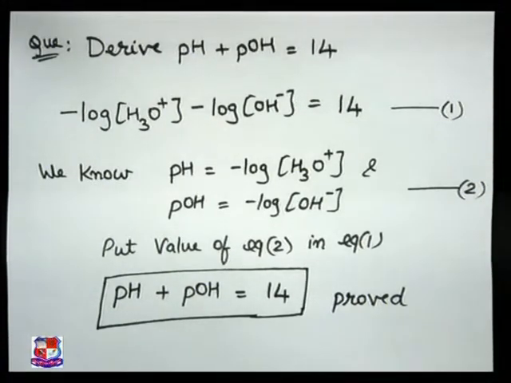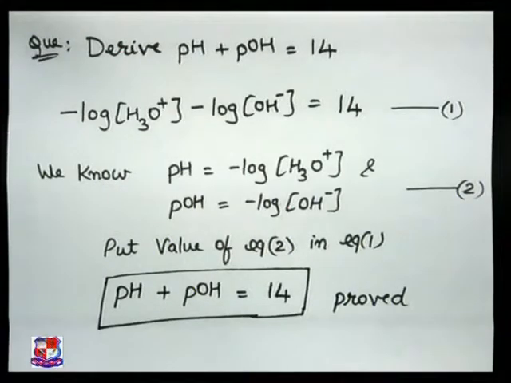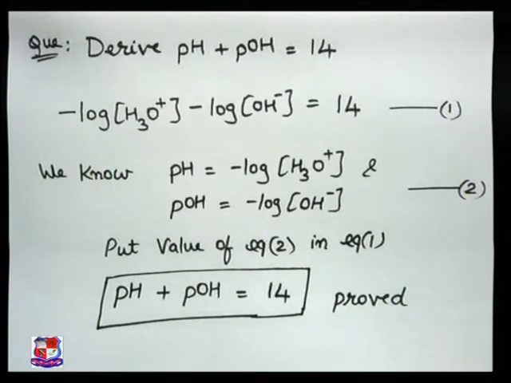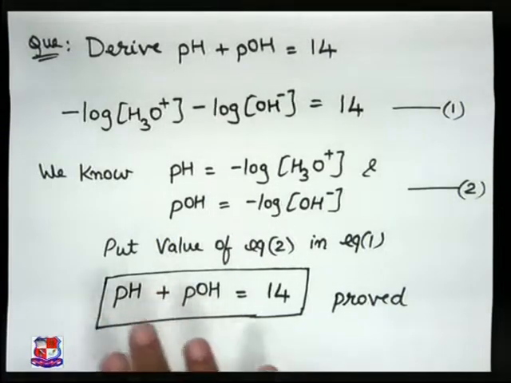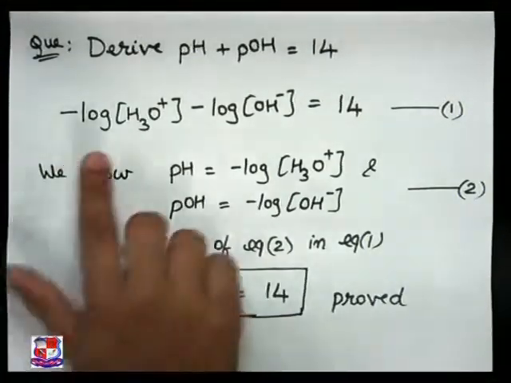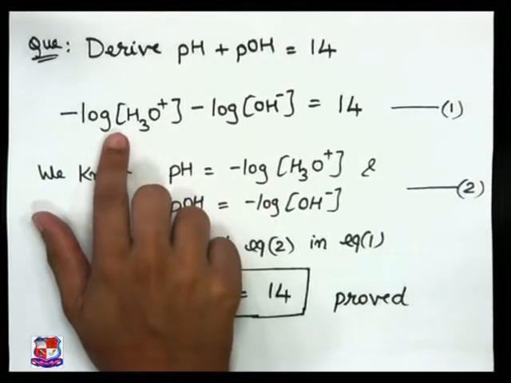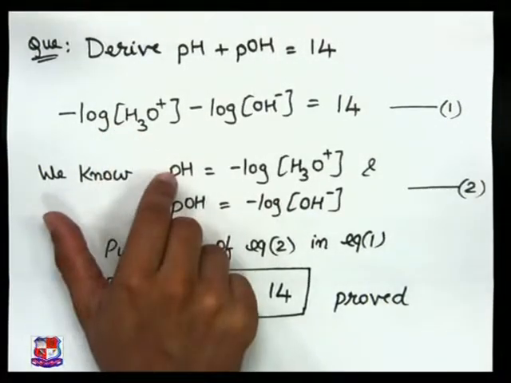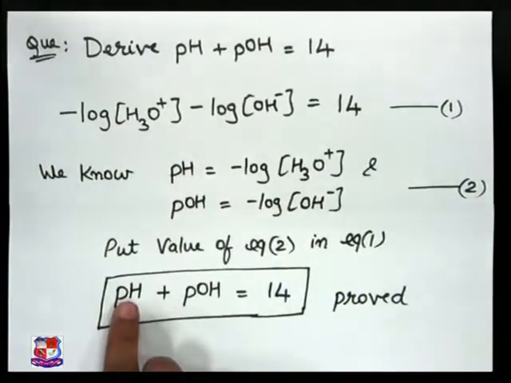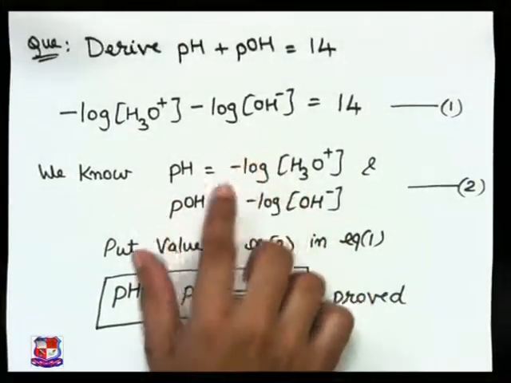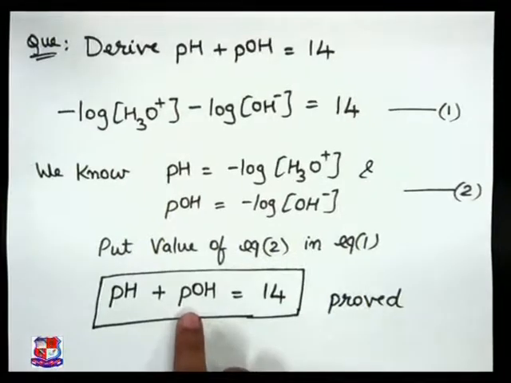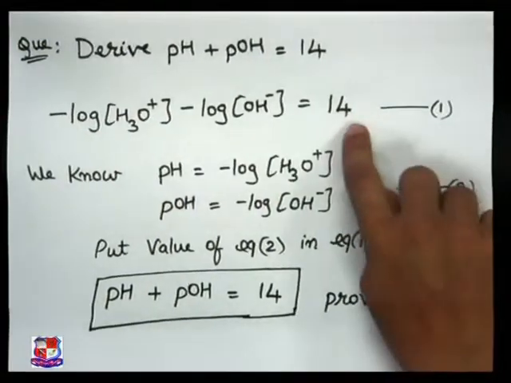Now we will implement these two pieces of data into equation 1, putting the value of equation 2 in equation 1. Can I substitute this minus log of H3O plus with pH? So I have written here pH. Can I put minus log of OH minus as pOH? So I will write here pOH, and this 14 remains as it is.